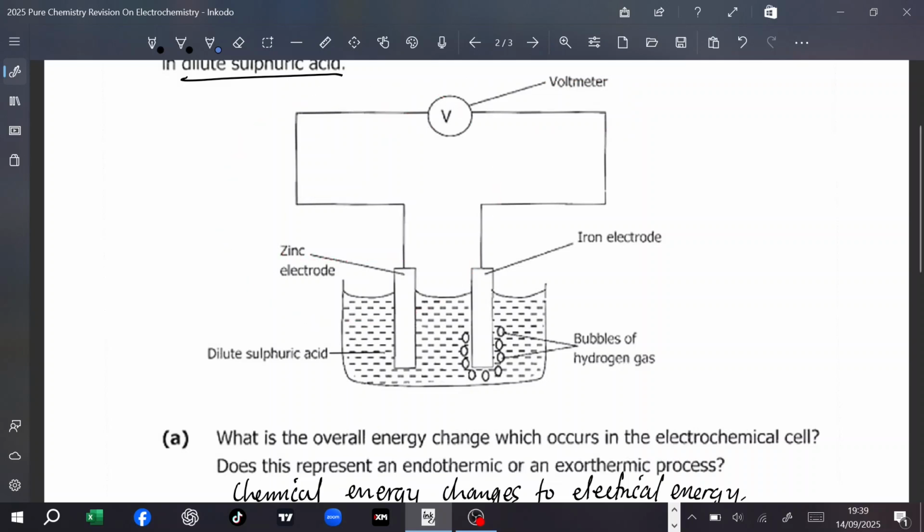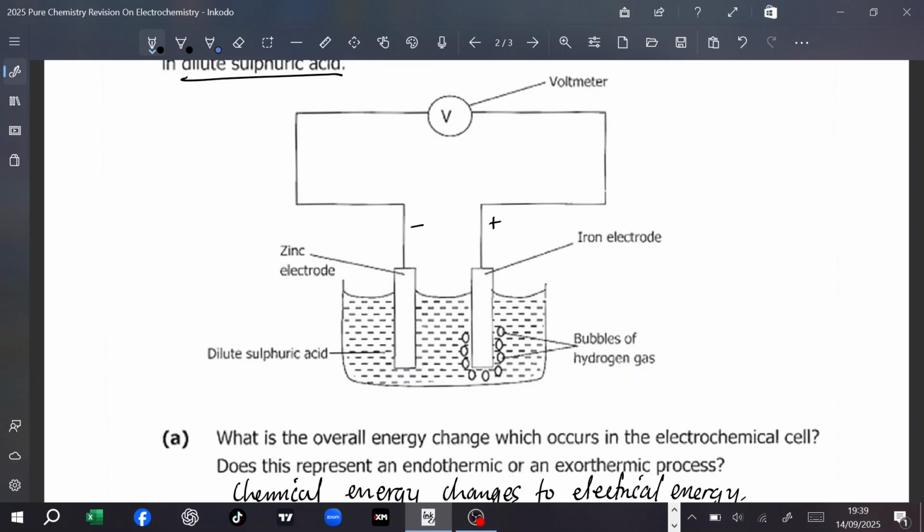Because of that, electricity is generated. Now, the more reactive metal tends to become negative. So this side becomes negative and this side becomes positive.